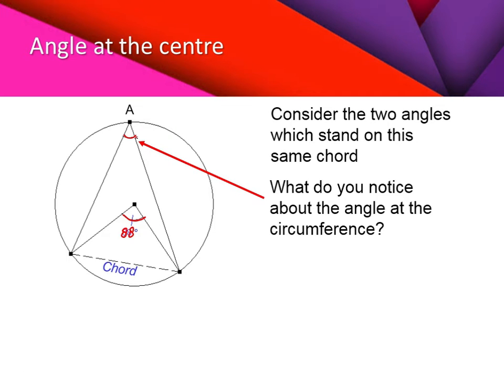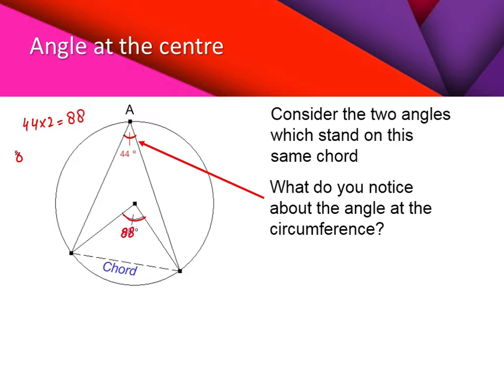So if we have a chord and we have these two segments like this, and they are facing each other, then in this case we will say that the angle at the circumference is half the angle at the center. In other words, the angle at the center is twice the angle at the circumference. So if we multiply 44 by 2, we will get the angle at the center.